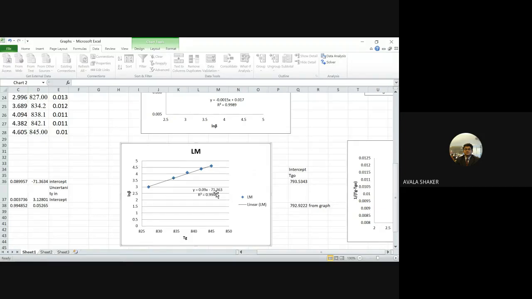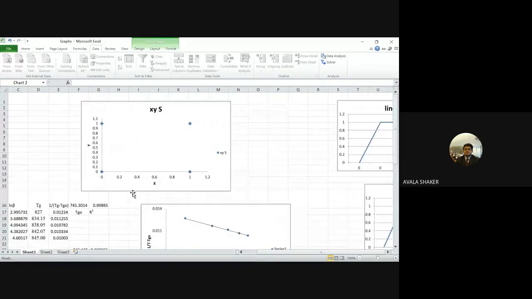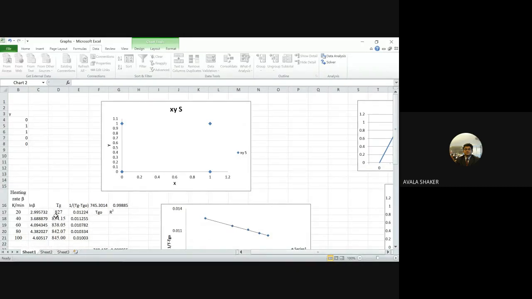But what intercept is this giving us? This is starting from 825. I have plotted ln beta versus Tg, and the same data is plotted from this table.